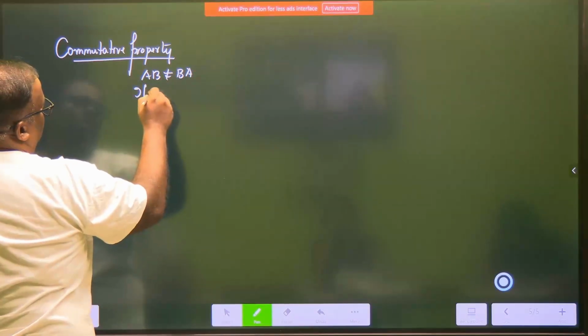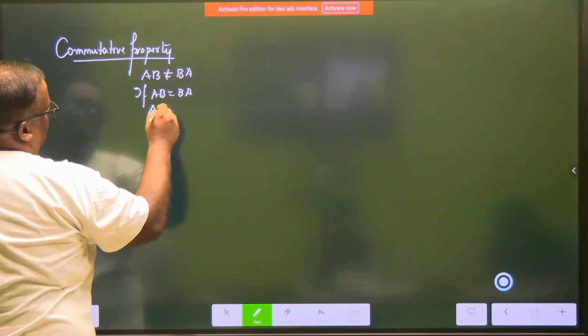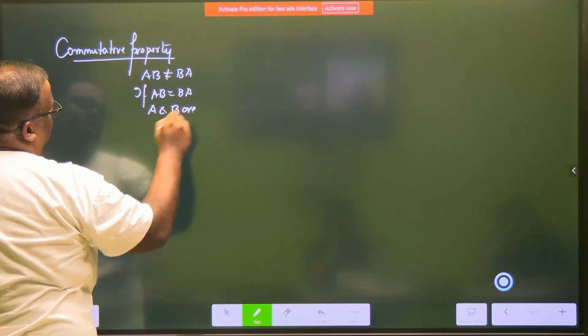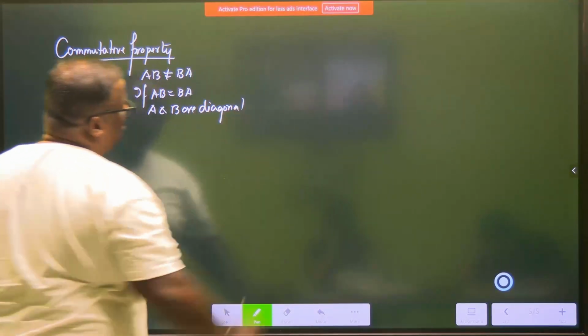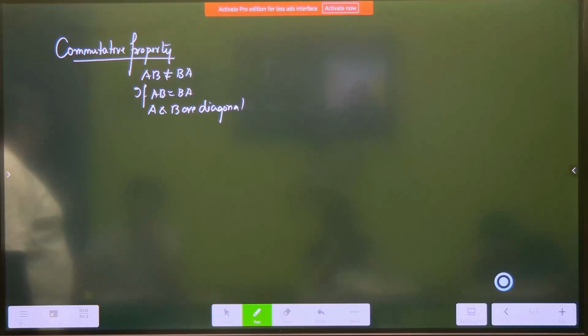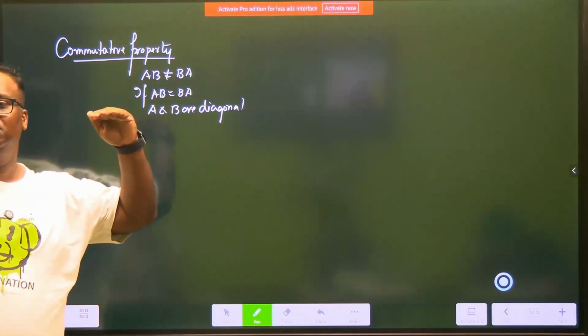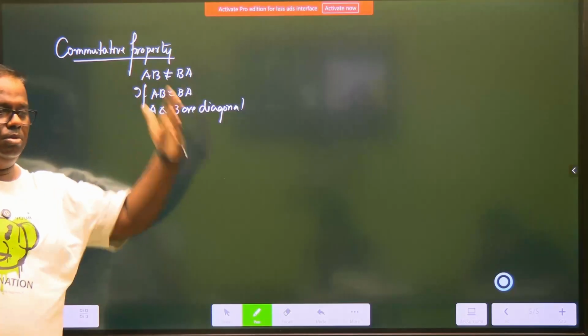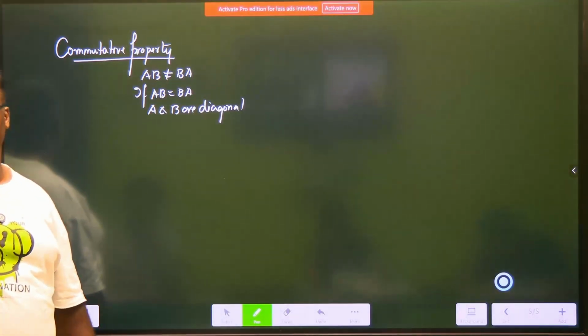If AB is equal to BA, then A and B are diagonal matrices, where the diagonal elements need not be same. They need not be scalar or identity, but in scalar and identity also they will support. Diagonal is the most lenient matrix. More stricter is scalar, more stricter is identity.